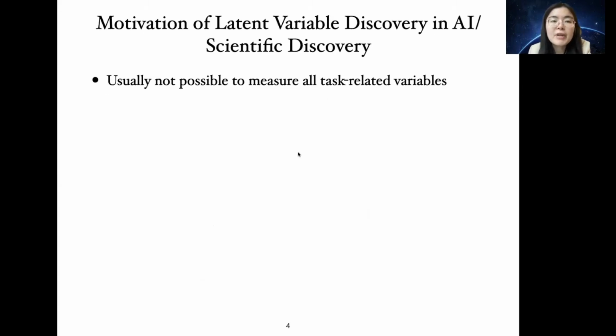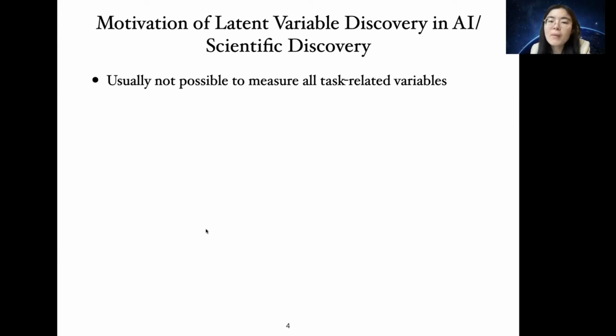So before introducing the detailed techniques, let's first see the motivation of latent variable discovery. Why do we want to learn latent variable discovery, and how will it be useful in AI and scientific discovery? We know that in practice, it's usually not possible to measure all task-related variables.